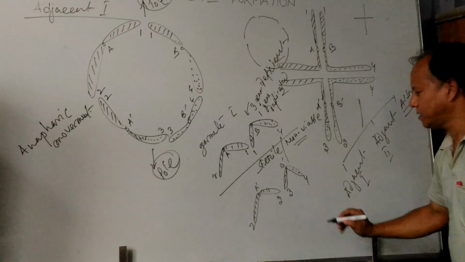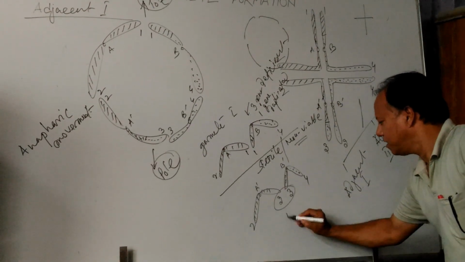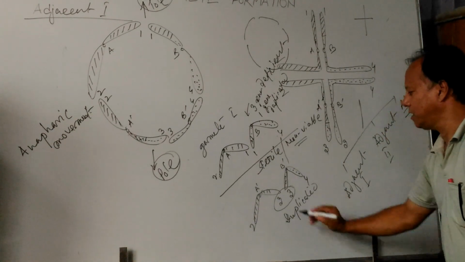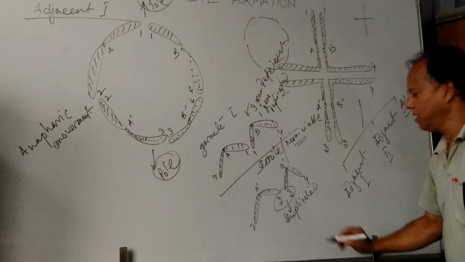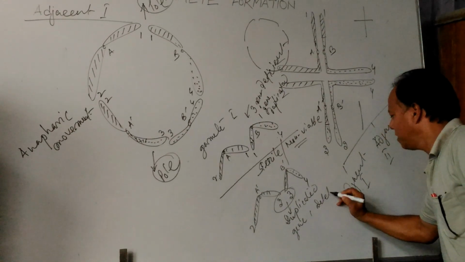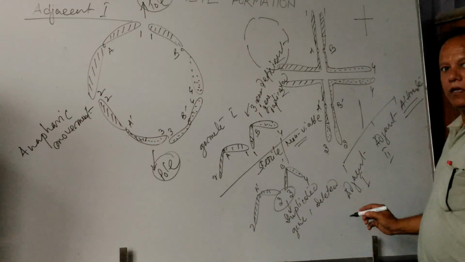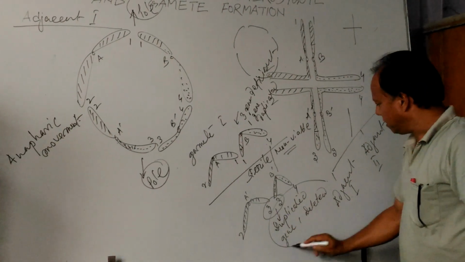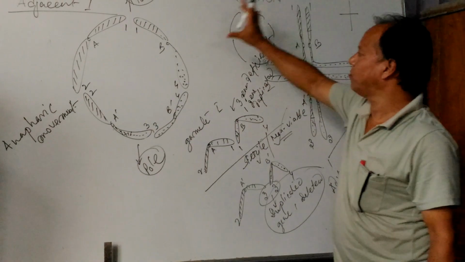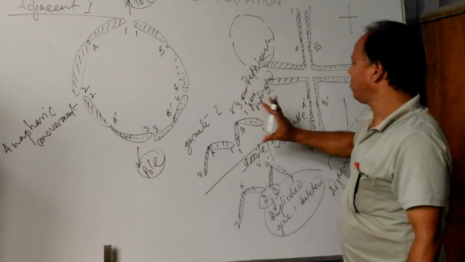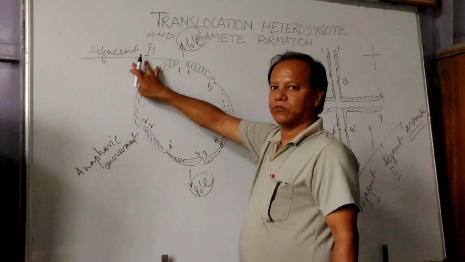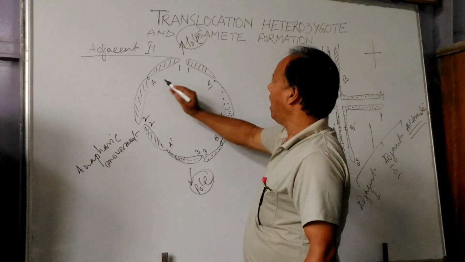So 3 is duplicated and 1 is deleted. So gene 3 duplicated, gene 1 deleted. Hence, again these are non-viable or sterile. So in adjacent 1 segregation, non-viable gametes are produced.